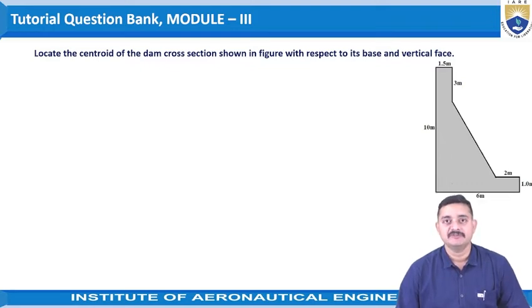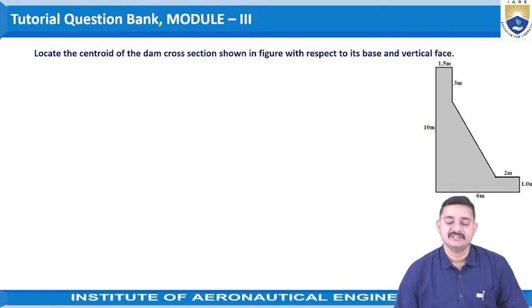In the problems which we are going to solve, we are going to consider the reference datum as the x-axis and y-axis. So from the x-axis and y-axis, which are going to be considered as the reference, the distance of that particular centroid or center of gravity will be gathered.